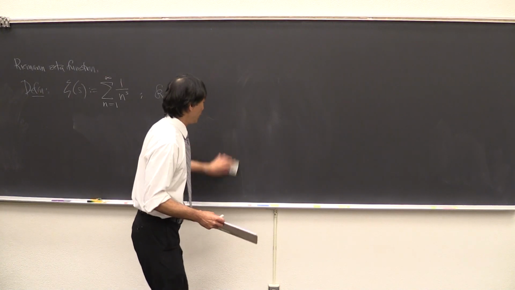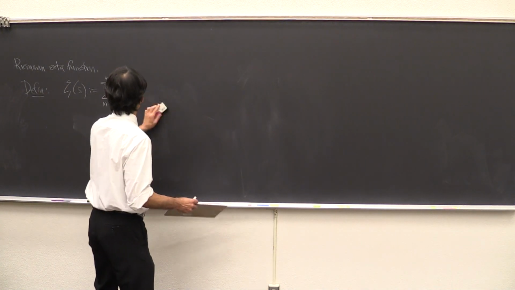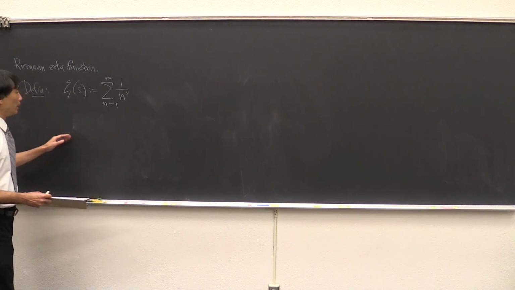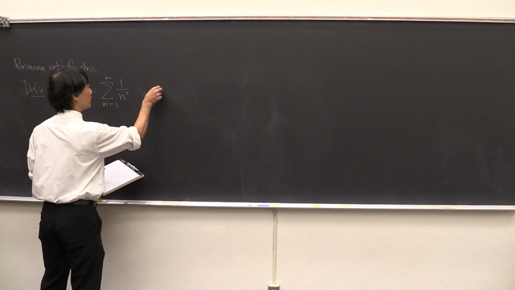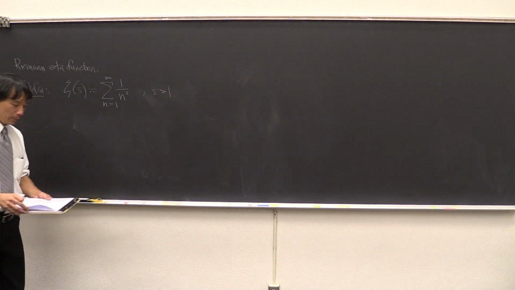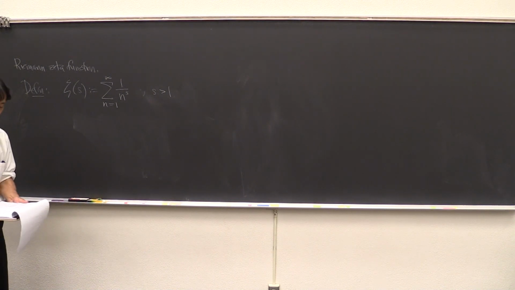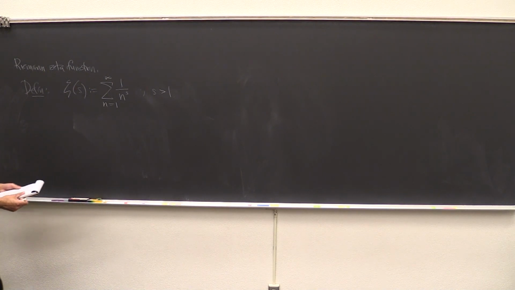Okay. Now going back to Euler's version, where s is bigger than 1. So what's the connection between this and primes?